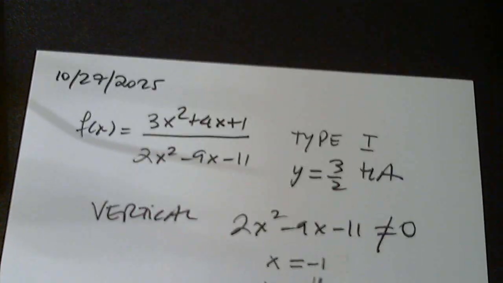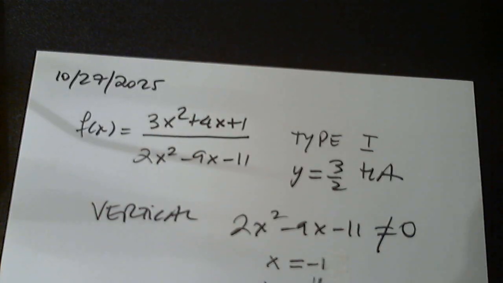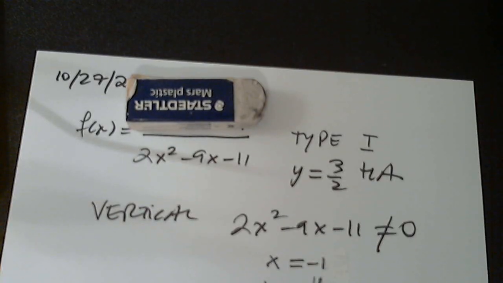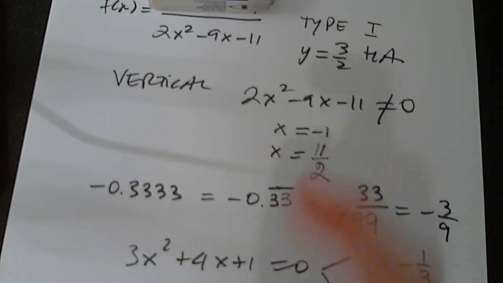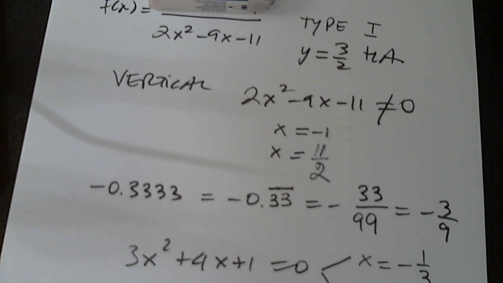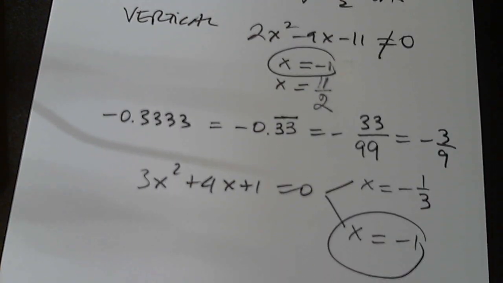Why? If we hadn't looked at the numerator, if we had made that error, we would have said, oh, -1 and 11 halves are vertical asymptotes. No, that's not possible because this factor of x plus 1 will go away.